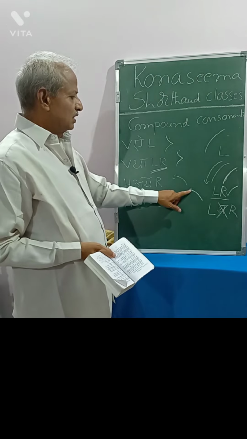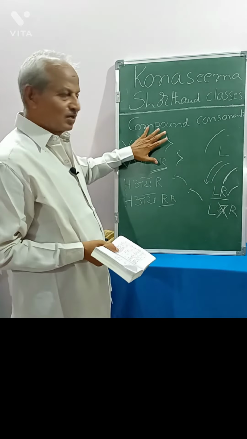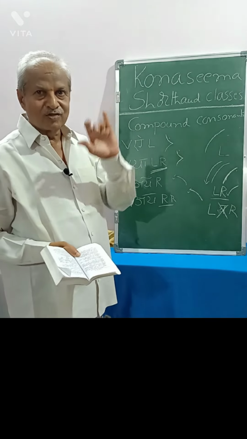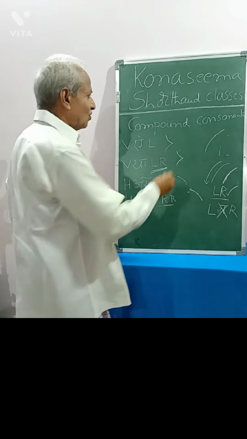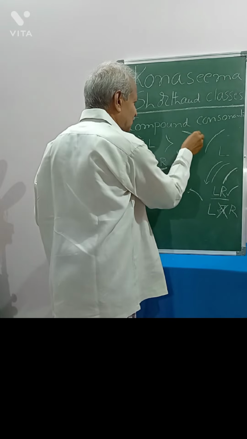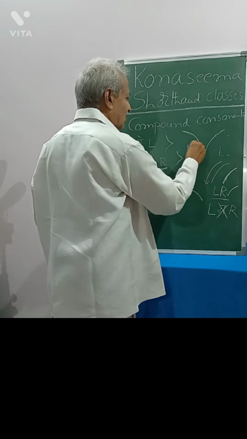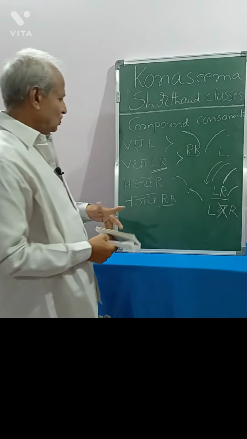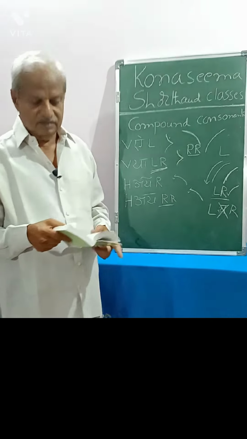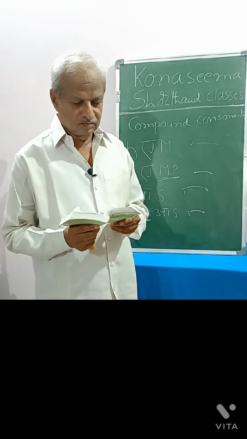If we thicken this R, this is about L. R can also be thickened. Downward R can also be thickened. If we thicken this downward R, it adds another R, rar. So, higher, right?